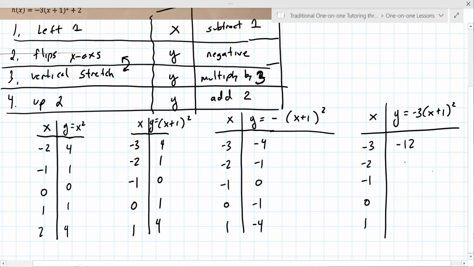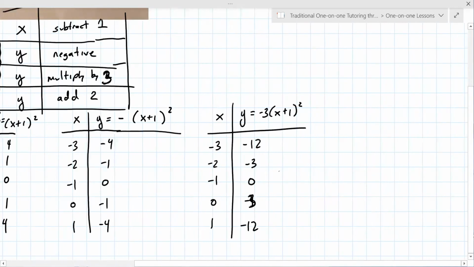All right. Okay, so now we've multiplied them by 3. And then the last one is we're going up 2.